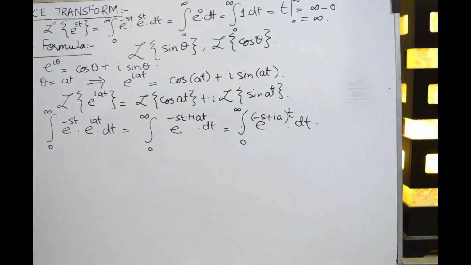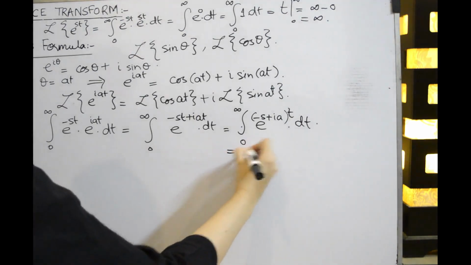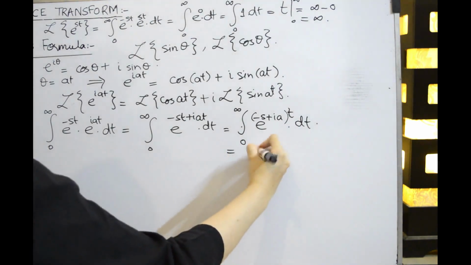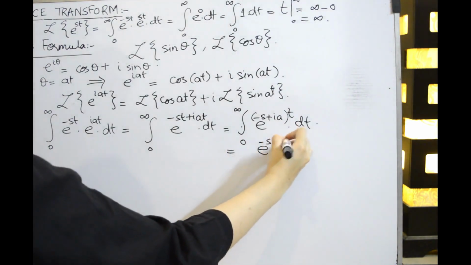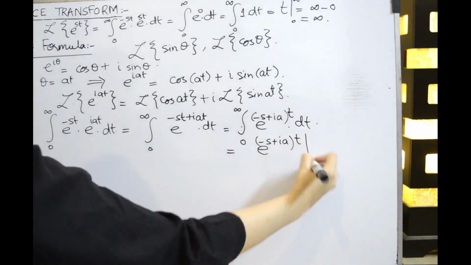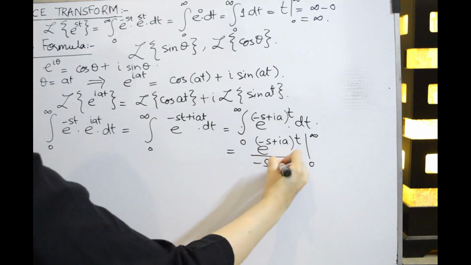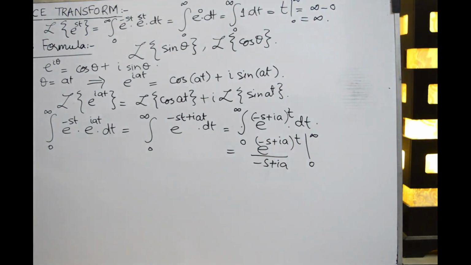Now you can integrate, because minus s is a constant, iota is a constant, a is also a constant. The constant is always divided when an exponential function is integrated. So its integral will be e to the power minus s plus iota a into t from 0 to infinity divided by minus s plus iota a. Now in the next step you will apply the limits of integration.